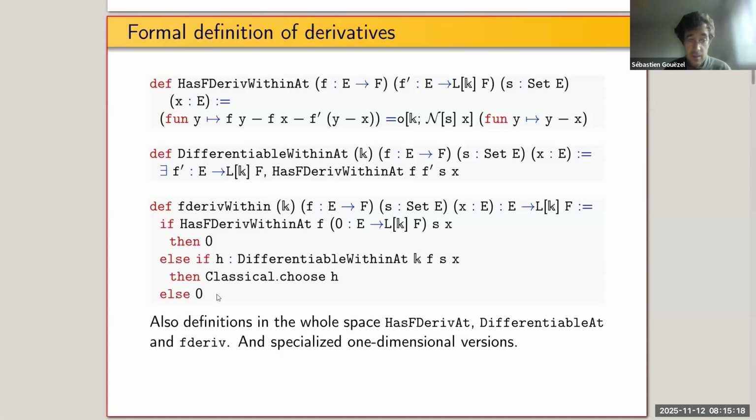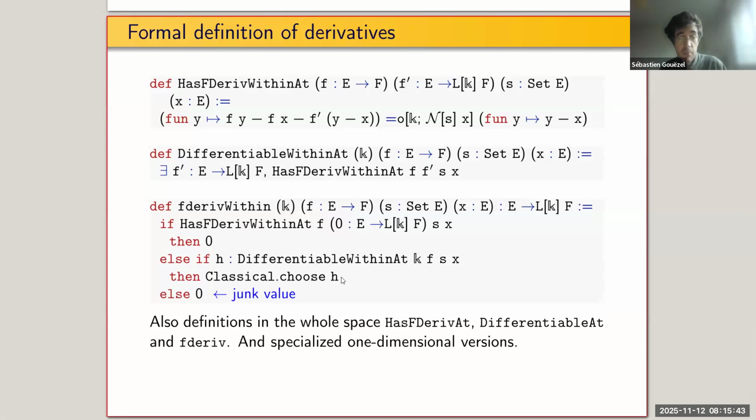That's a junk value here. It's zero: if the function is not differentiable, pick the junk value. And if the function is differentiable, it means that there exists some derivative, so what we will do is pick such a derivative. That's what the classical choose is doing here: pick some derivative if we know that there is one.